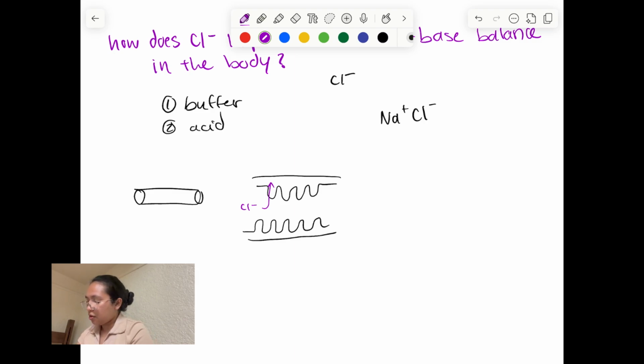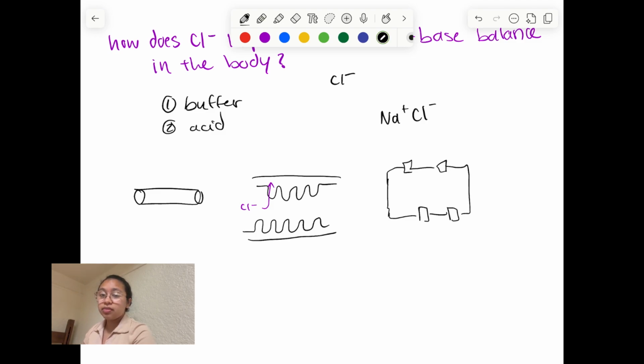Now, for chloride to go in, you need transporters. So this is just that cell blown up real big. Okay. So if you're bringing something into the cell, right, you have to exchange something for it with an equal charge.